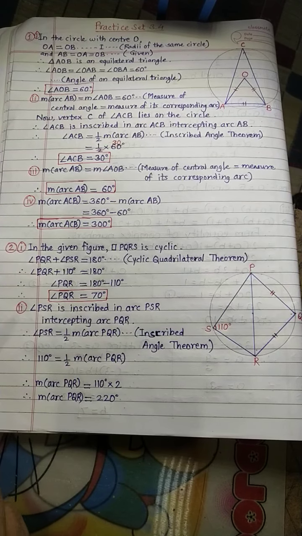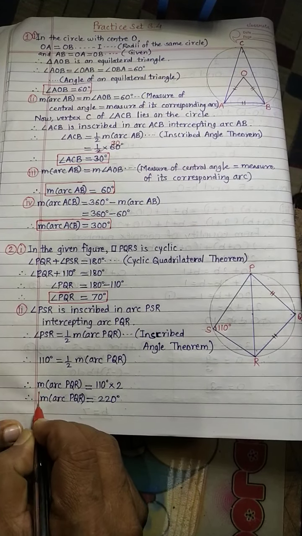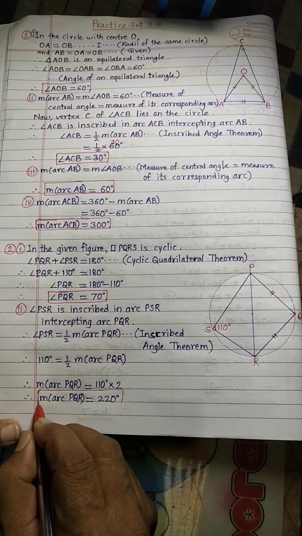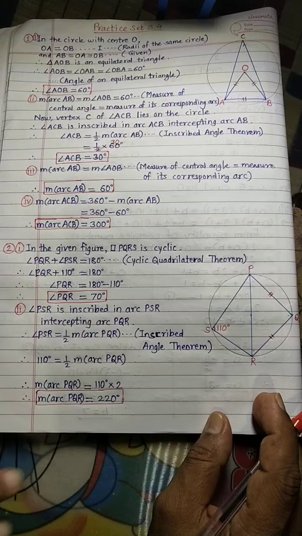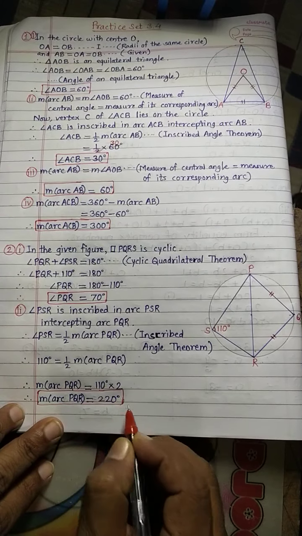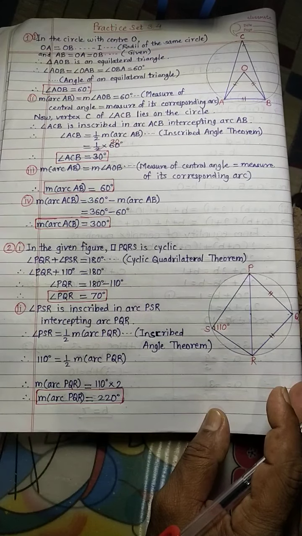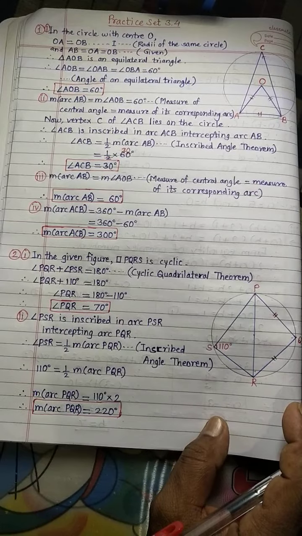So here we have found out the measure of arc PQR, that is 220 degree.